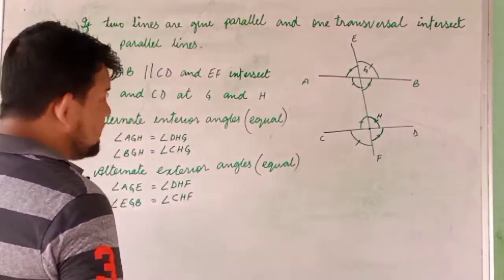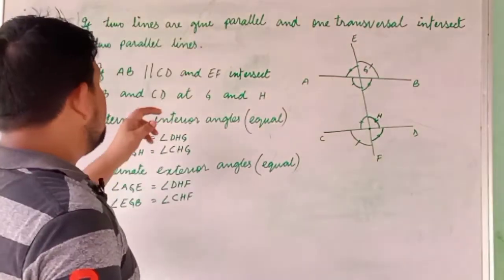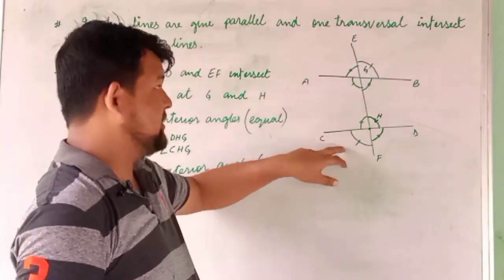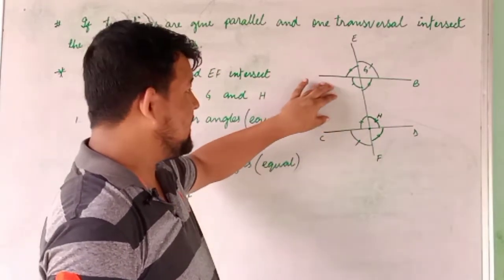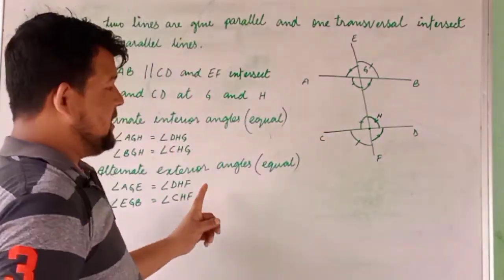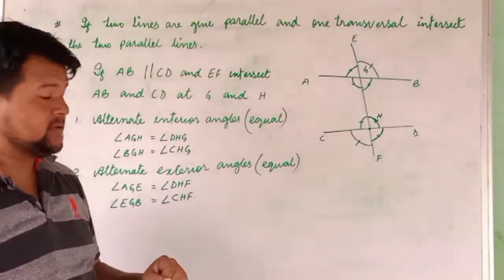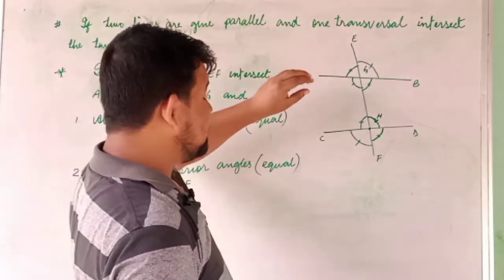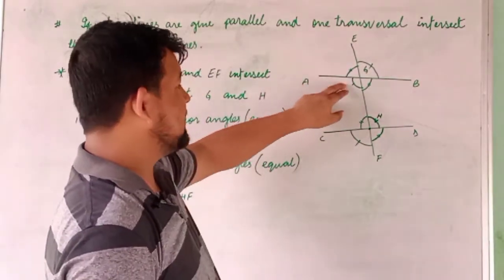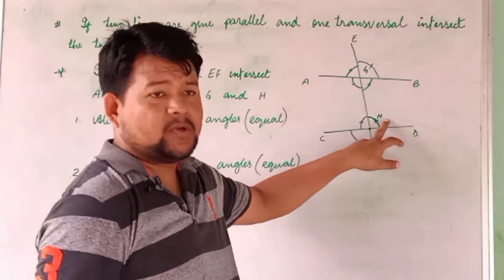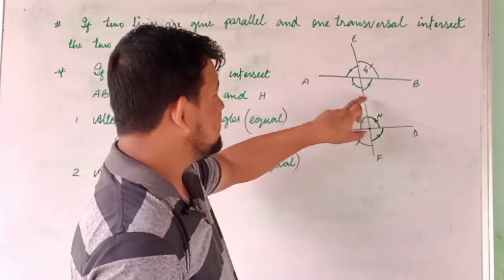Okay, but we have alternate angles only if two parallel lines are given to us and one transversal is intersecting both the parallel lines, then only we will have alternate angles. Otherwise there will be no alternate angles. So we'll have to remember that. If in the question it is given that two lines are parallel, then only we can use that this angle is equal to this, because these two lines are parallel to each other, so the alternate angles are equal.